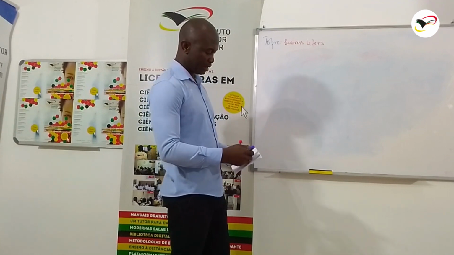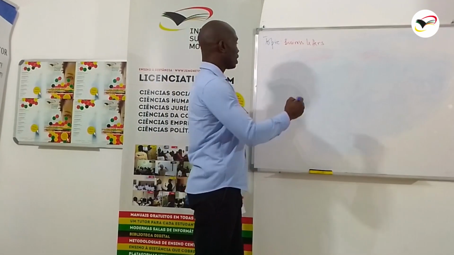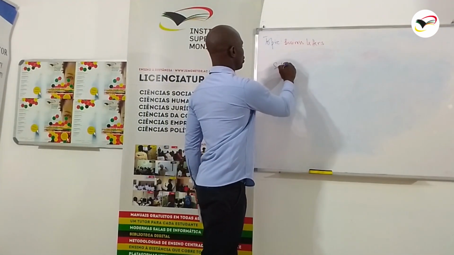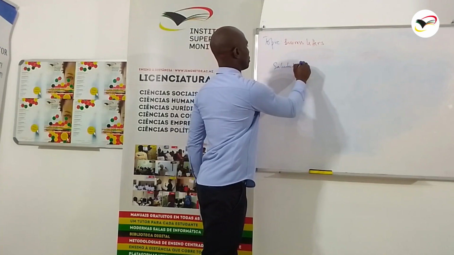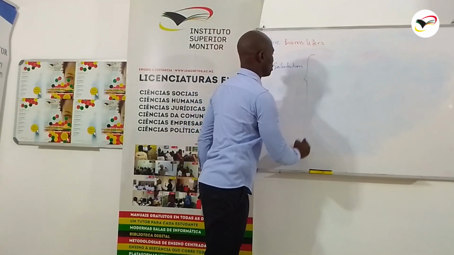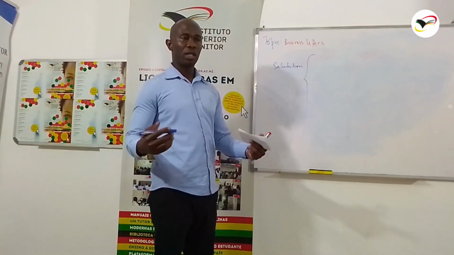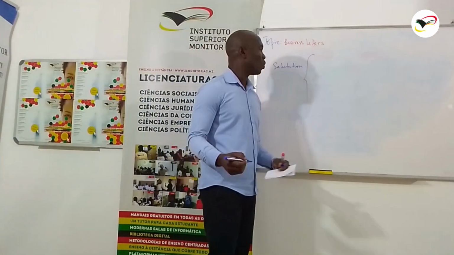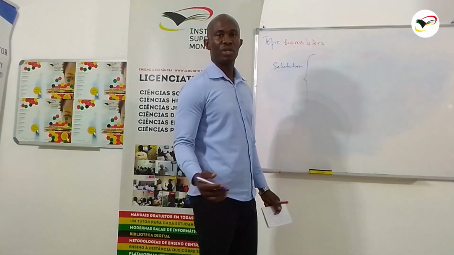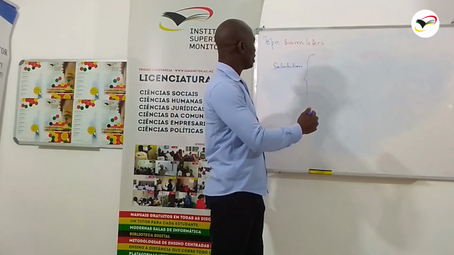So we have to move back to the language of the business letter. Let's look at the salutation. Business letters are formal documents, so every language we use should be formal.